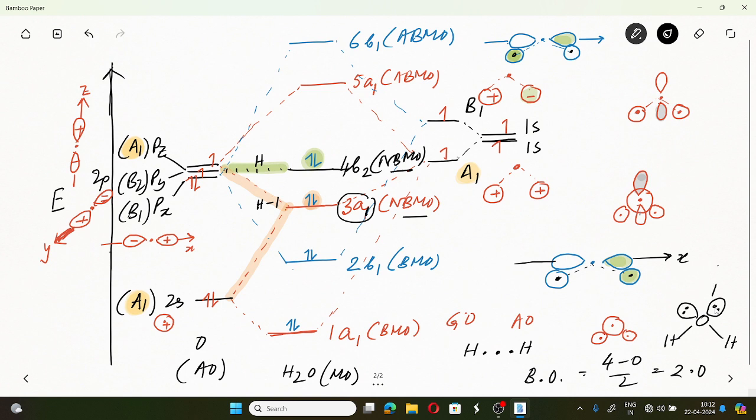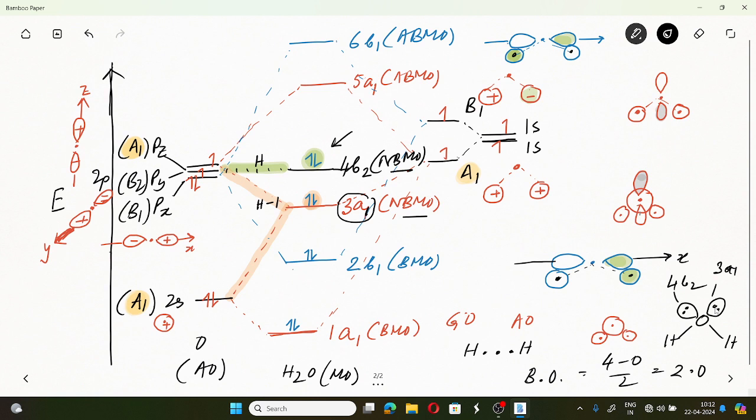So this can be 3a1 and this 4b2 in terms of molecular orbitals. But you can well understand that these lone pairs are not equivalent, isn't it? The two lone pairs over water are not equivalent because this is of higher energy, and its symmetry is also different.